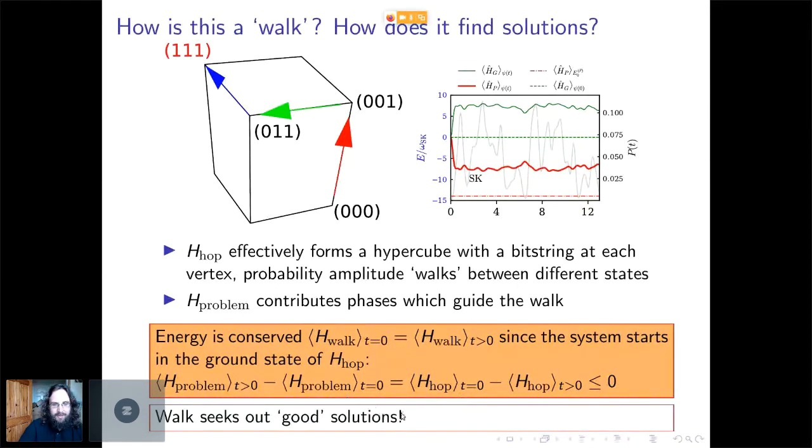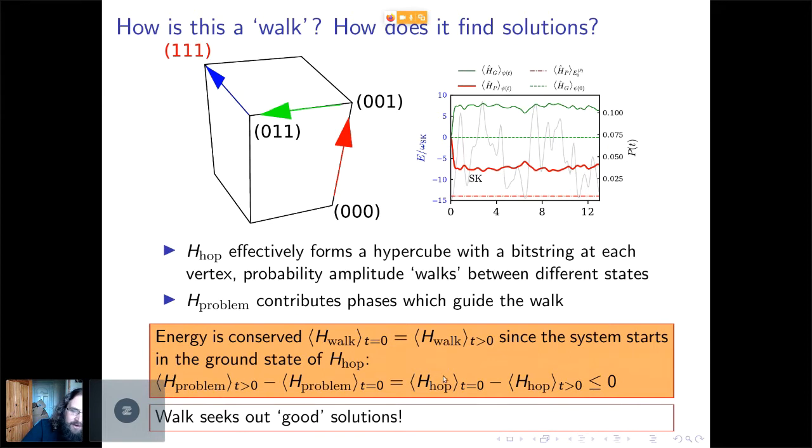If you rearrange some terms and realize that the total energy is just a linear sum of these two other terms, you can see that the difference in the expectation of the problem Hamiltonian is equal to the difference in the expectation of the hopping Hamiltonian. We started in the ground state of the hopping Hamiltonian, so this can only go up, which means this difference also has to go up.